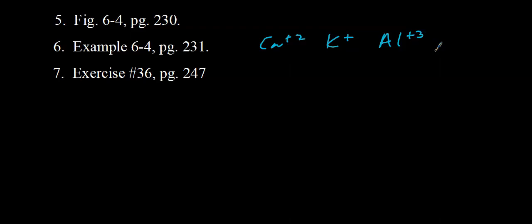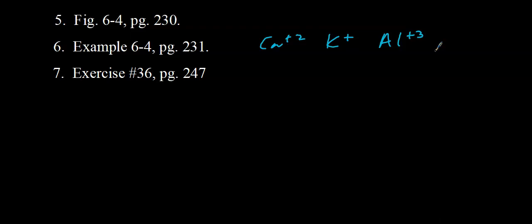Even if you look at the neutral atom, and then it's going to be the same for the ion, aluminum, the neutral atom, has its valence electrons in the third energy level, whereas both calcium and potassium, the neutral atoms, have their valence electrons in the fourth energy level. So their ions, too, we see that same thing where aluminum has its outermost electrons, in this case, the second energy level for Al3+. Both Ca2+ and K+ have their outermost electrons in the third energy level. So that makes Al3+ the smallest.